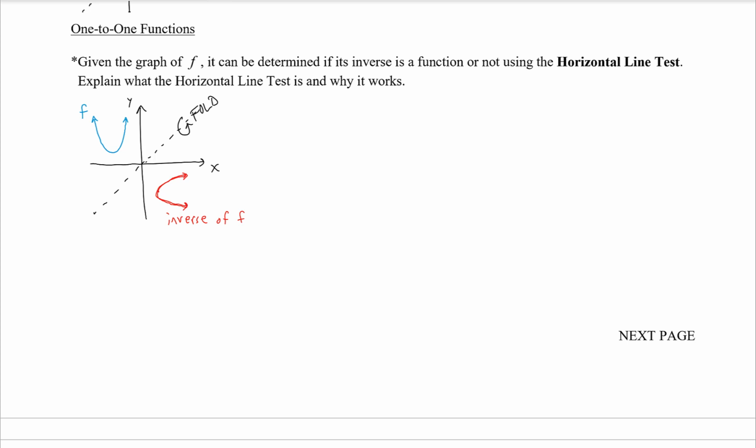But if you look at that red graph, it's not a function. However, it is not a function of x. So what I'm showing you here is every function that you graph has an inverse, but they're not always functions themselves. Okay, so every function of x has an inverse.